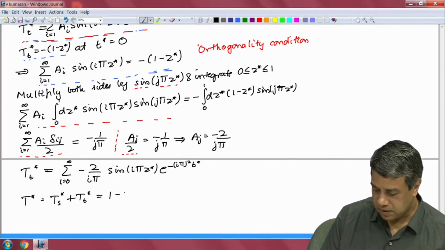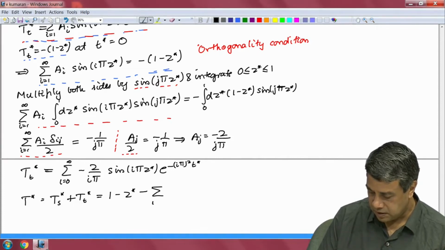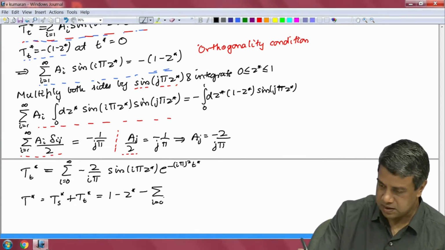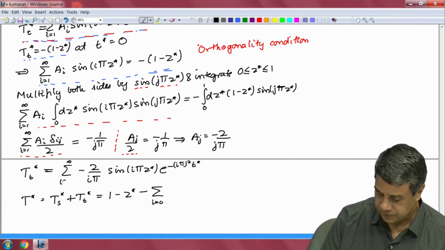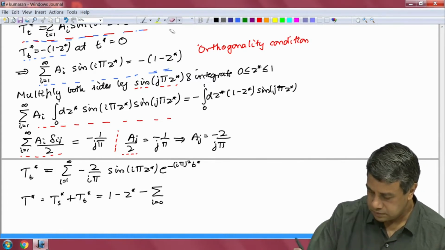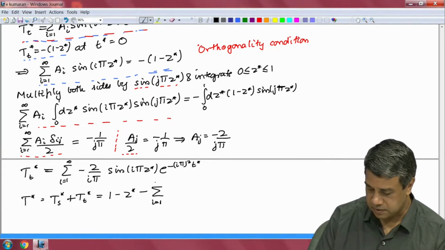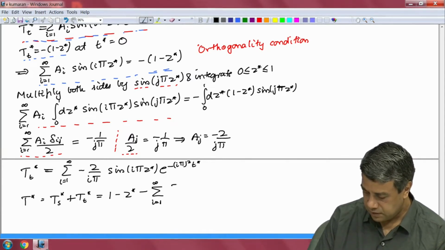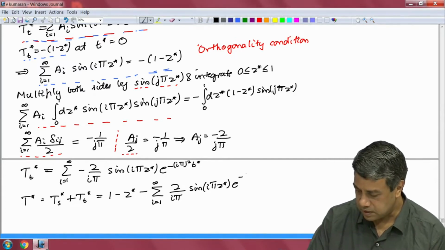Steady is 1 minus z star, the transient is minus summation of i equal to 0. In this case, i is equal to 1, because for i equal to 0, the sine function just becomes 0, of 2 by i pi sine of i pi z e power minus of i pi the whole square t.